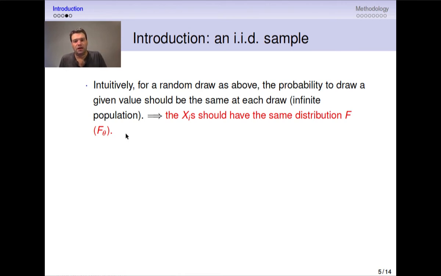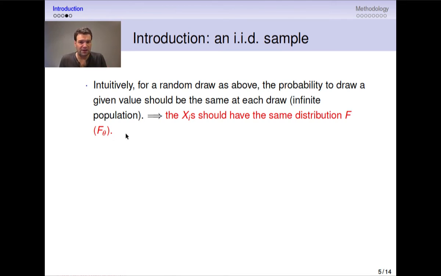That means, in this case, if at the first draw you pick up a random individual, it is a woman, you note that in your sample, and after you put the woman back in the population. This is with replacement, you replace the woman in the population. In this case, at the second draw, the probability to pick up a woman is the same as the probability to pick up a woman at the first draw.